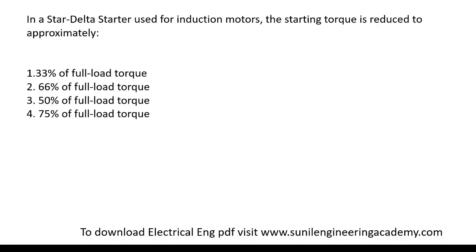In a star delta starter used for an induction motor, the starting torque is reduced to approximately dash. A very easy question it is. We know the starting torque in case of star connection is 1/3 of delta.